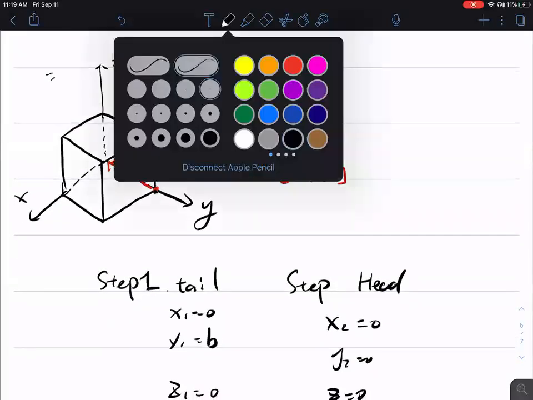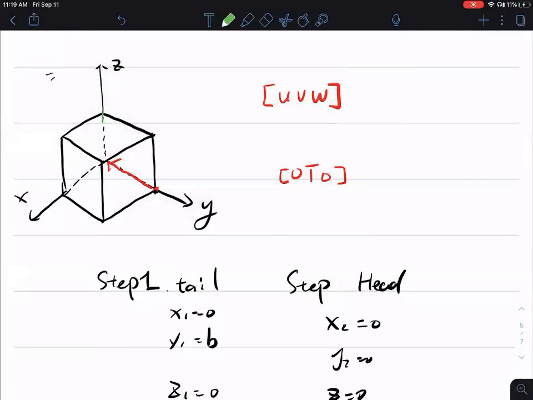So we can have a direction pointing that way along the x-axis, or you can go the other way around. You can also do this: start from that corner and go to the front corner of that unit cell. Doesn't matter which way you go.